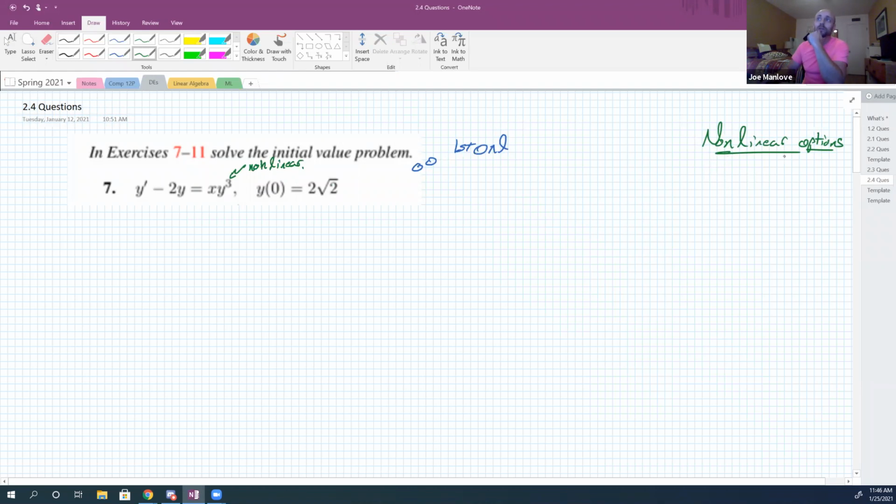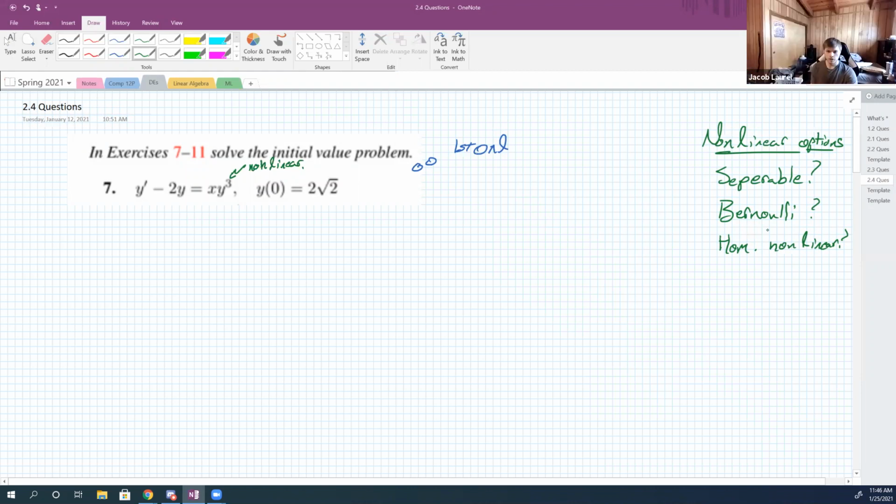Yep. So for nonlinear options, you have a couple things. Maybe it's separable. Maybe it's Bernoulli. Or maybe it's homogeneous nonlinear. Two of these you learned in this section. Which two were in this section?